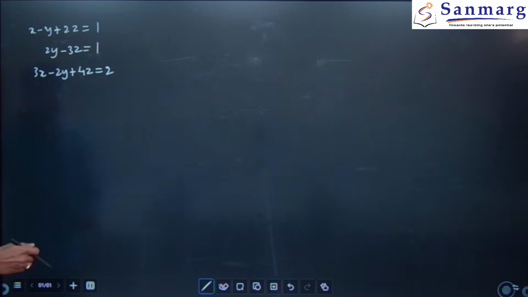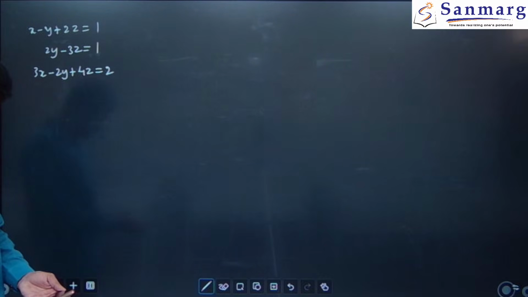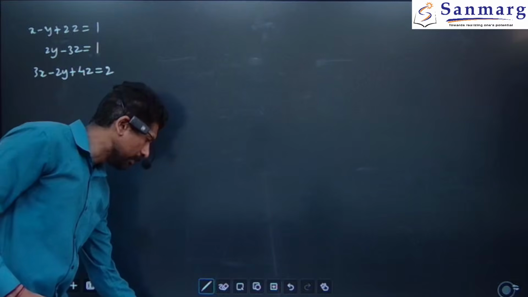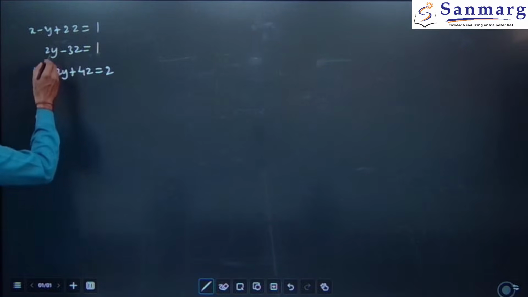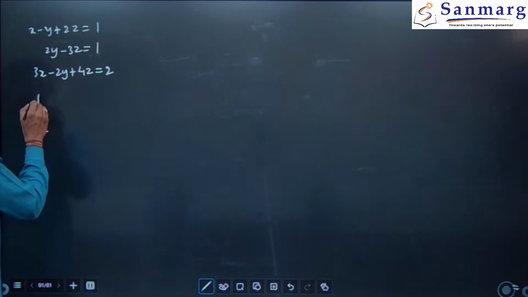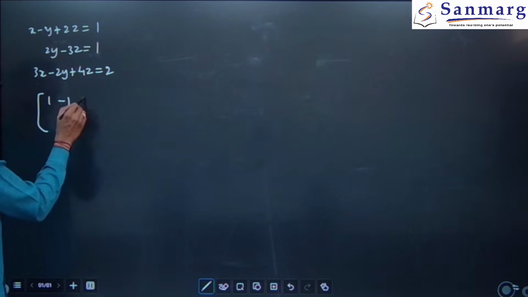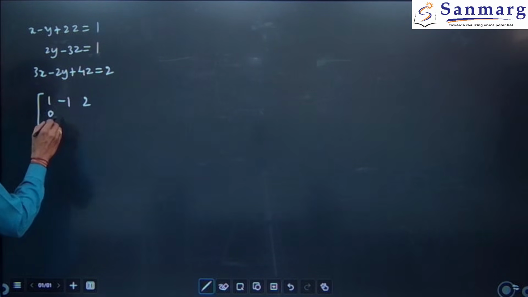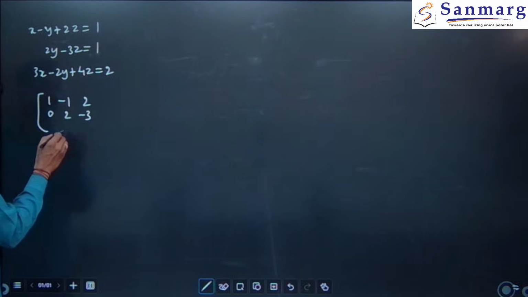Okay. So first of all, you have to write the same thing in matrix order. So automatically what happens? 1 minus 1 2, 0 2 minus 3, 3 minus 2 4.